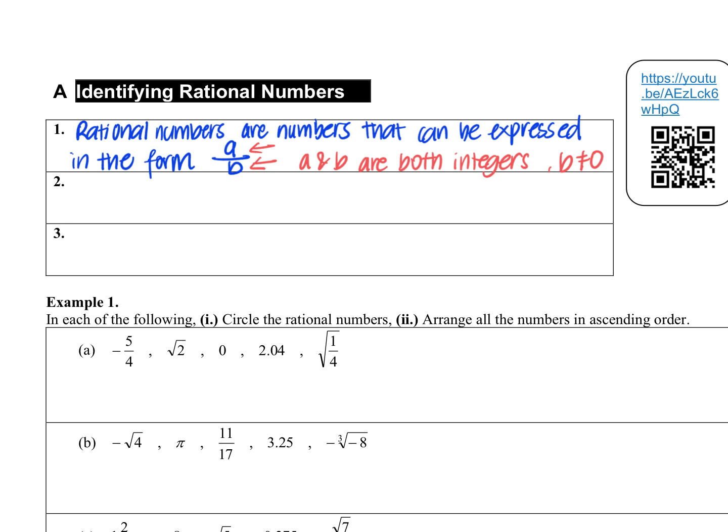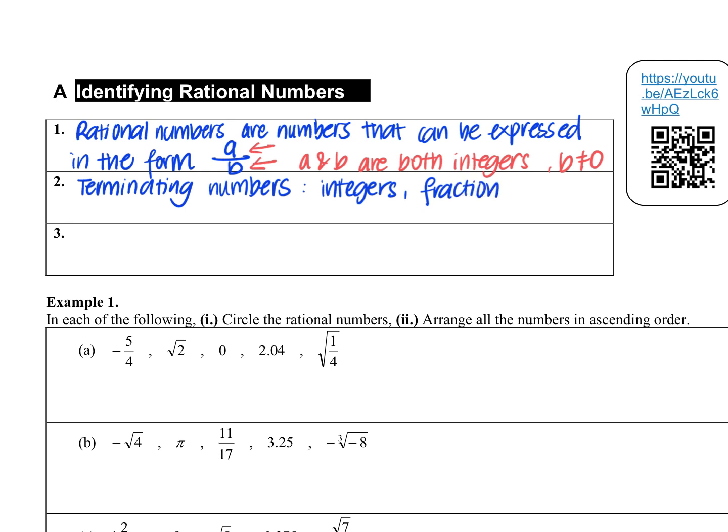Now, what are some of the ways to identify and recognize rational numbers? One way is to look at terminating numbers. All terminating numbers are considered rational numbers, which means integers, numbers that are whole numbers, and numbers with a fraction.